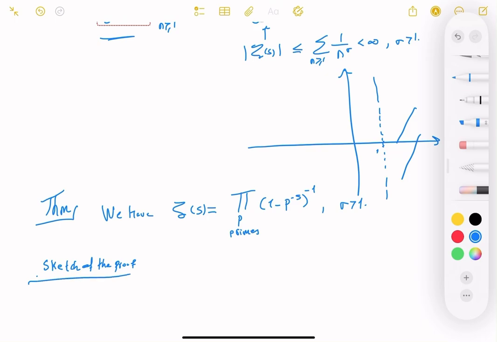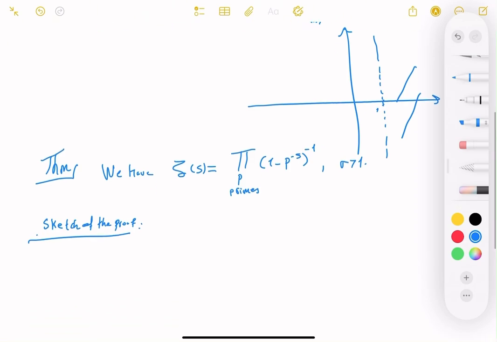Okay, so how do we see such a thing? So we need to make an observation. Let's make the following observation. Let's see what happens to finitely many factors if we multiply finitely many of these.